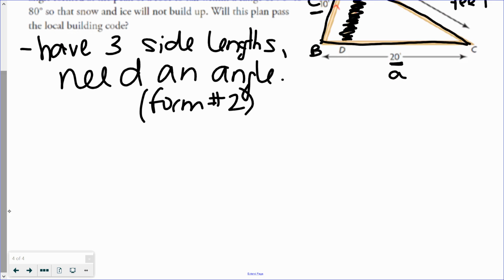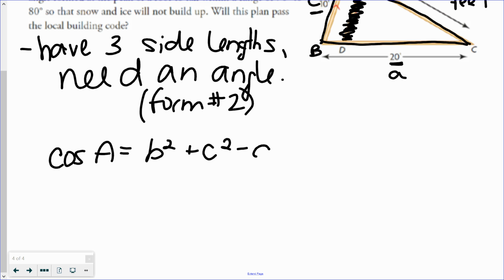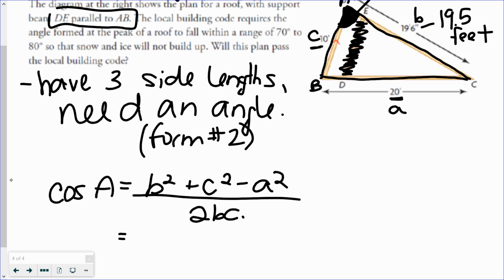So now using that form 2, the cosine of angle A is equal to B squared plus C squared minus A squared, divided by 2BC. So now looking at how we labeled the triangle, side length B again is that 19.5 feet, not 19.6. 19.5 squared. Side length C is 10.